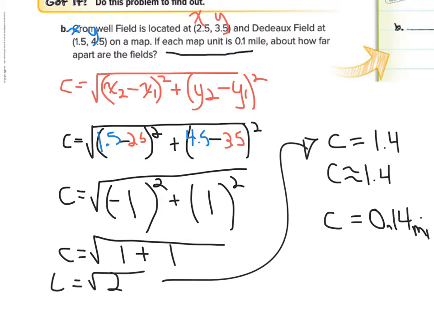That's the complete answer, seeing as each unit is 1/10 of a mile, and I have 1.4. How many 1/10 do I have here? It's like saying this is $1.40. Now I'm changing into money, but this is $1.40. How many 10 cents do I have here? Okay, I had 14 of them, but in terms of miles, it's 0.14 miles.